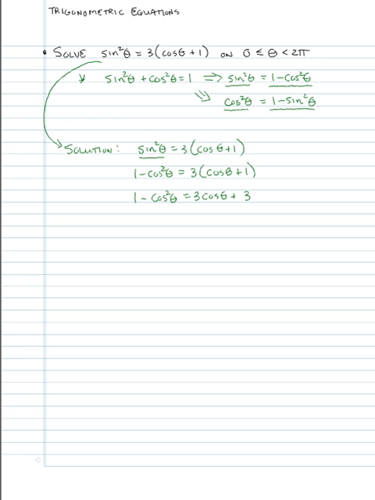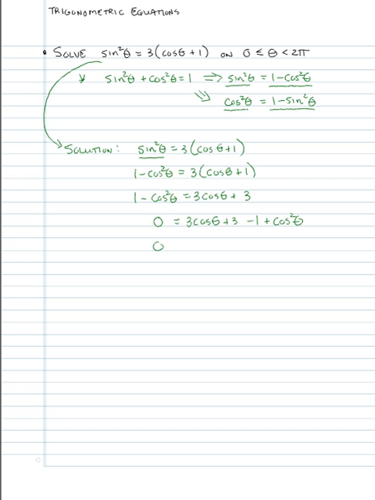Now, why don't we get 0 on the left side, so we won't have to worry about that minus cosine squared theta. So I'm going to subtract a 1 and add a cosine squared theta to both sides. And when I do, this side will be 0, and this side, which we started as 3 cosine theta plus 3, if I subtract a 1 on both sides, I've got a minus 1 here, and if I add a cosine squared theta to both sides, I have a plus cosine squared theta there.